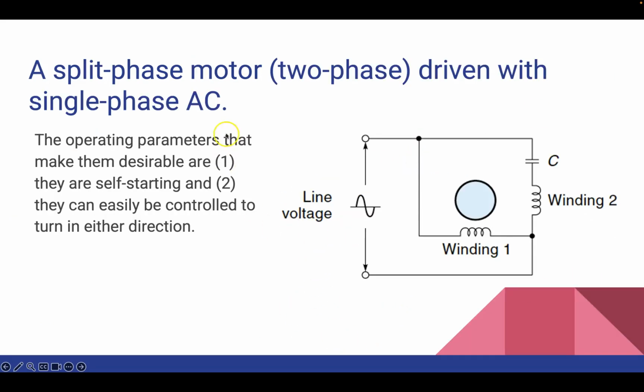Now this is a split phase motor driven with a single phase AC, and in this circuit we have winding 1, winding 2, and this is the capacitor. Typically they are small and are used to move something back and forth, such as opening and closing a valve or raising and lowering a garage door.